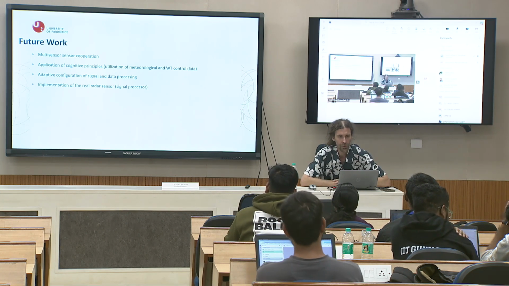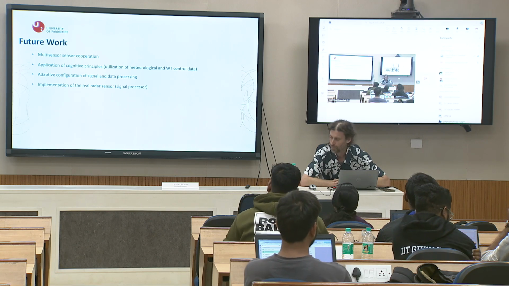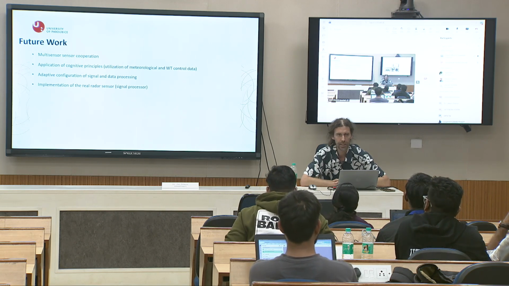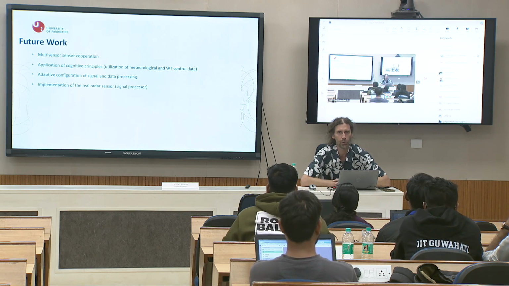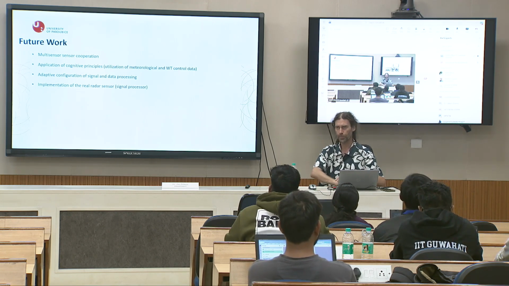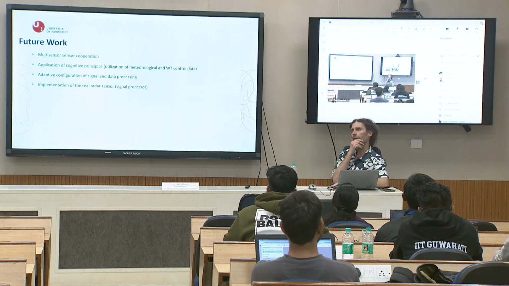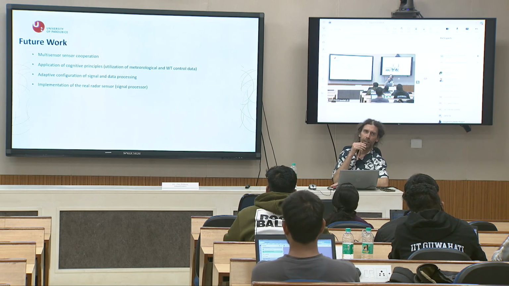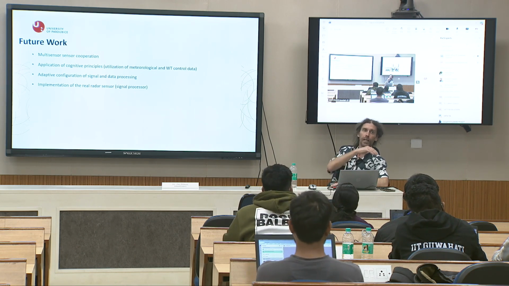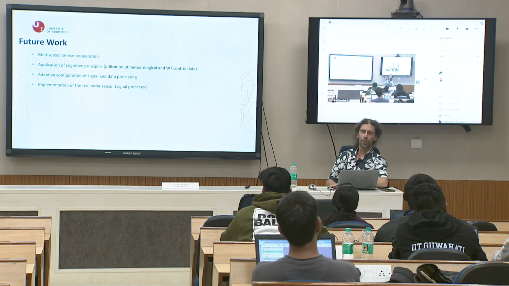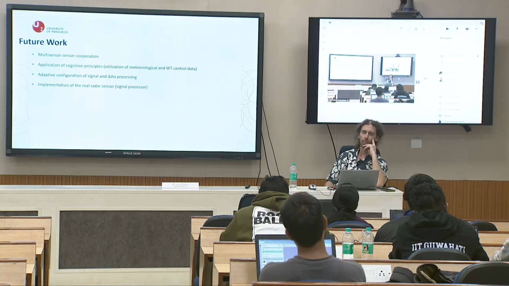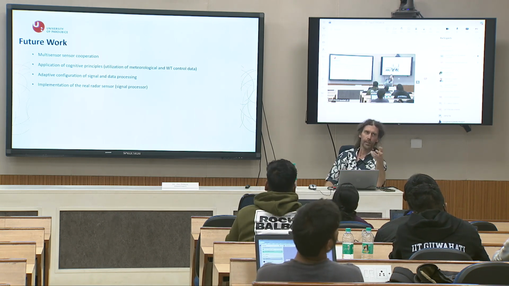Then adaptive configuration of signal and data processing. It is now a huge task, and I think that it will be in the close future. What does it mean? For example, I have a target that is hardly visible for some setting. Okay, I need some logic in my sensor that says there is probably a target but it is hardly visible.